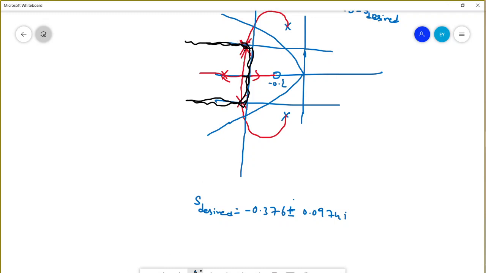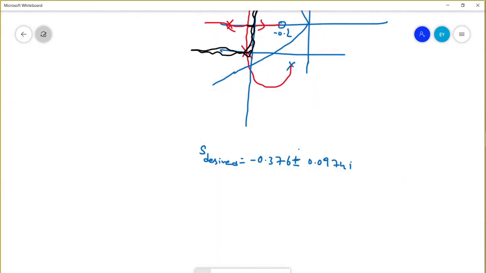Once we get the design, to calculate the k value, substitute this particular desired pole. K is equal to 1 by the magnitude of g of s at s equal to the desired s, the desired pole.